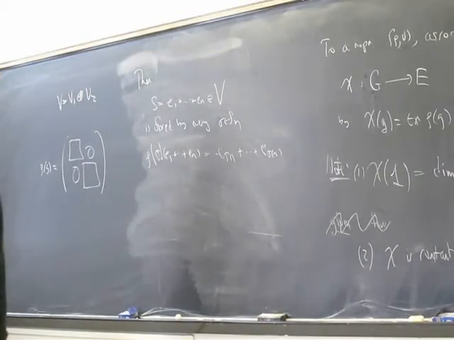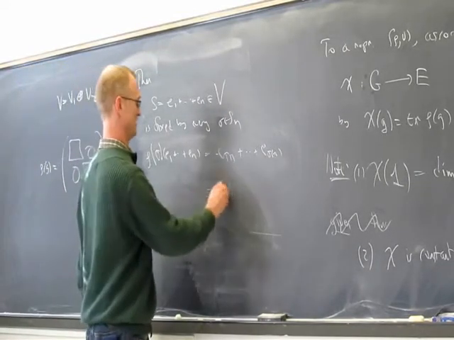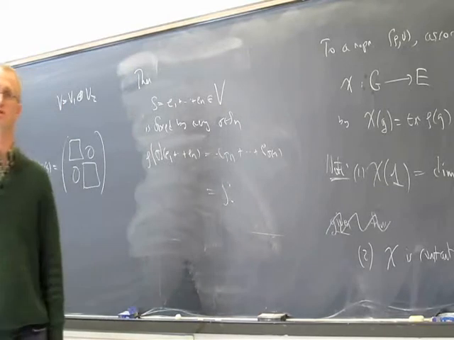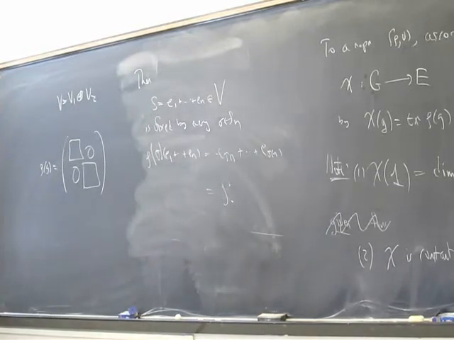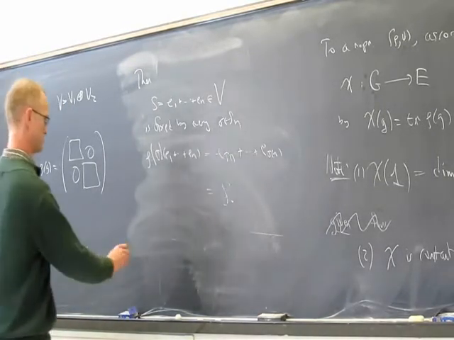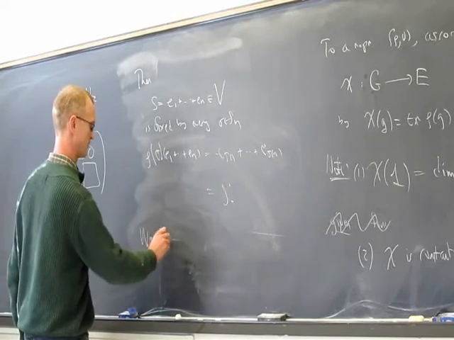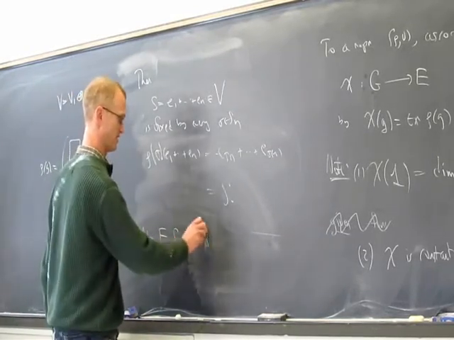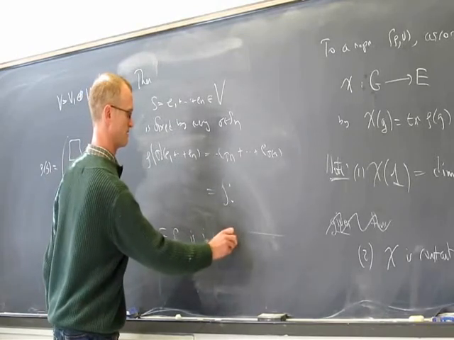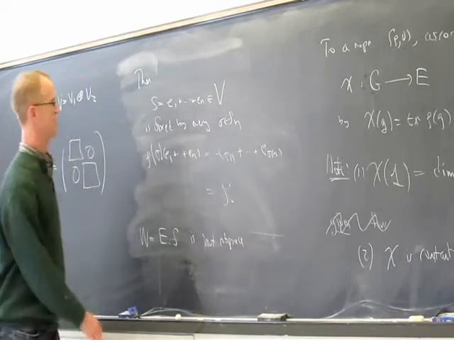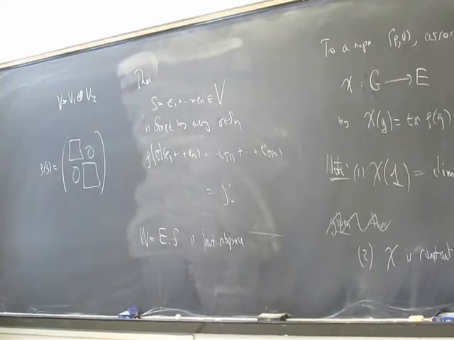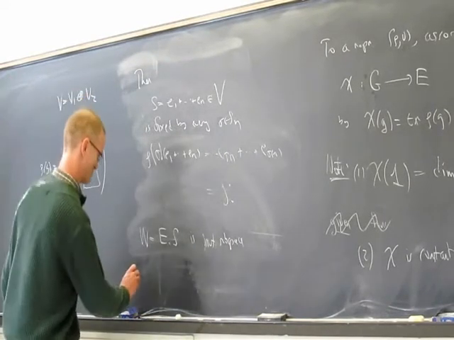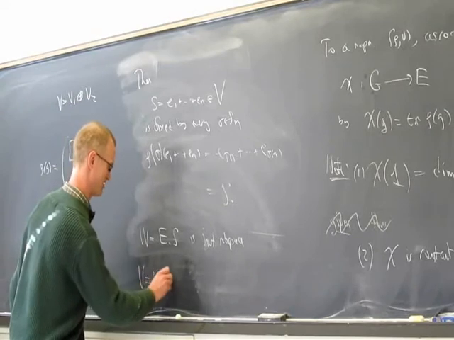I've just written the sum in a different order, so that is again S. It doesn't move, and so W, the E-span of S, is an invariant subspace.